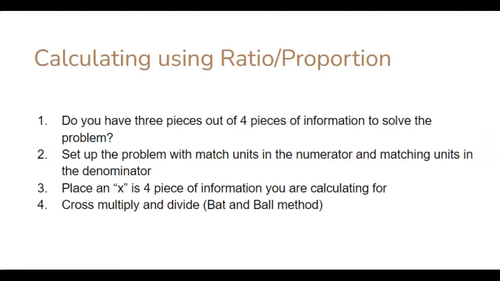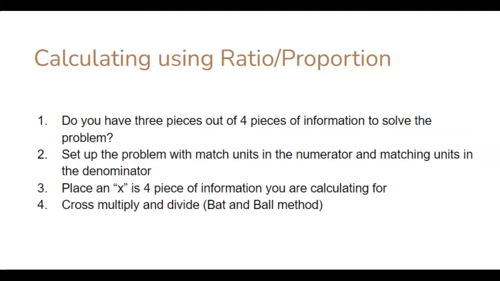And to set up the problem with matched units. When I say matched units, I'm saying the numerator units must match and the denominator units must match. So if in the numerator we have grams, we need to make sure both of the ratios we are comparing have grams.